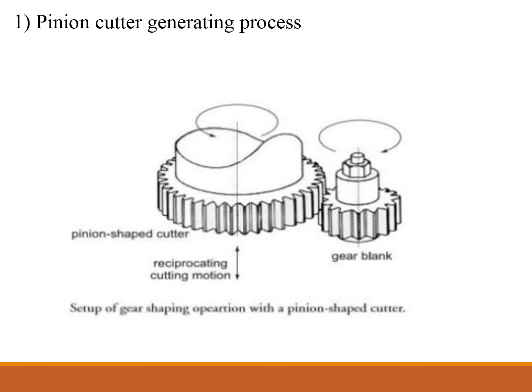Cutting may take place either at the downstroke or upstroke of the machine. Because the clearance required for cutter travel is small, gear shaping is suitable for gears that are located close to an obstructing surface such as a flange.